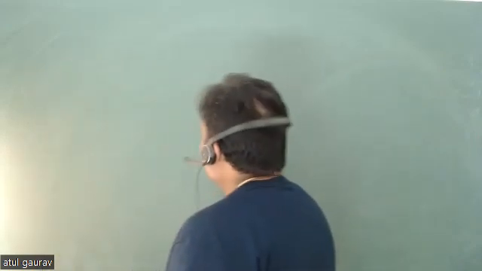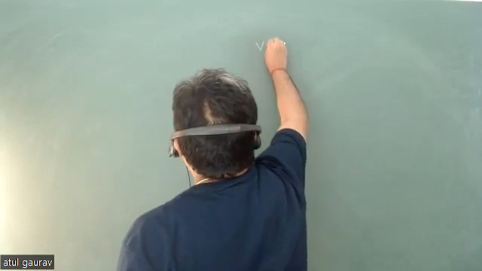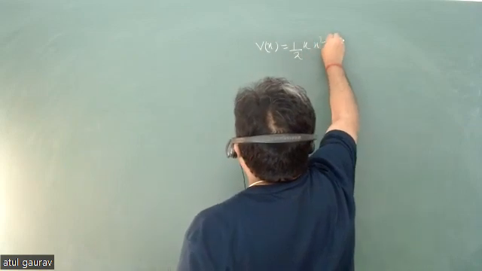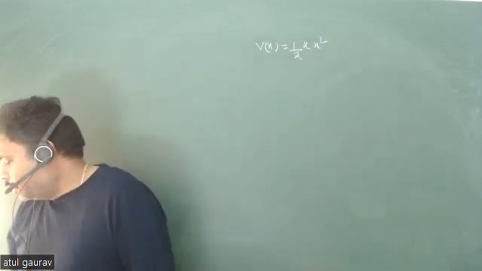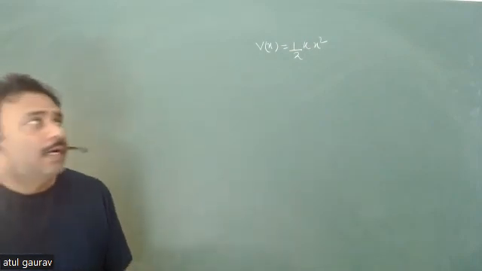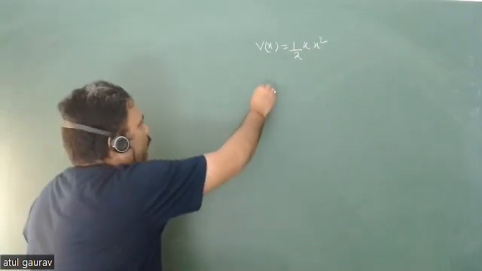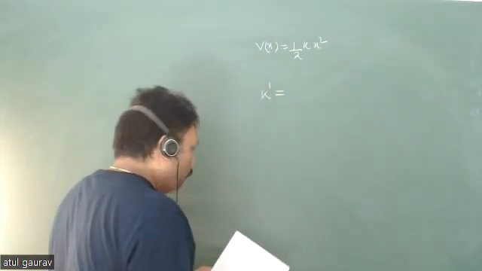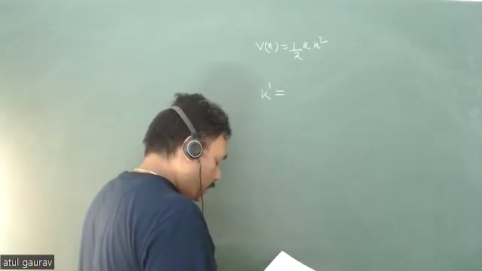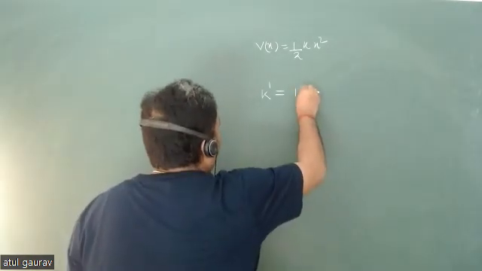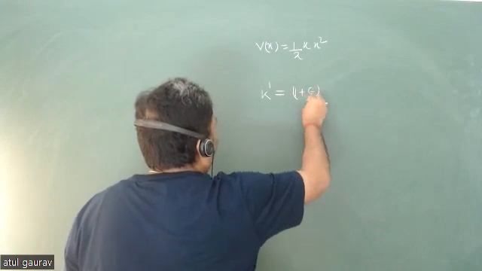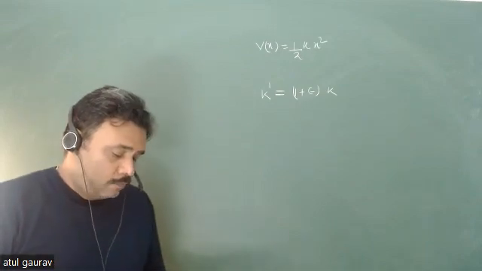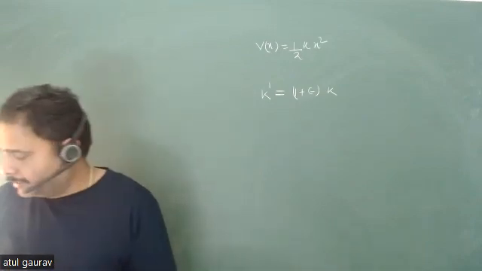So what we have, our potential V(x) is equal to half k x square. और अब आप क्या कर रहे हो? आपने k को चेंज कर दिया k डैश से, एंड दिस k डैश इज इक्वल टू बेसिकली 1 प्लस एप्सिलॉन k. आपने k डैश को चेंज कर दिया 1 प्लस एप्सिलॉन k के साथ.